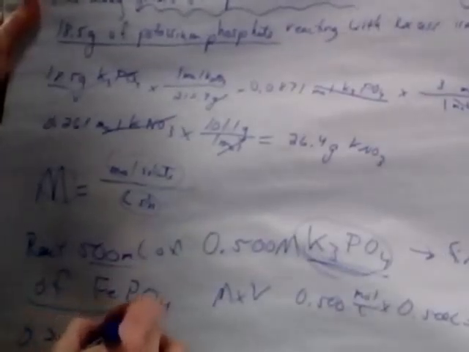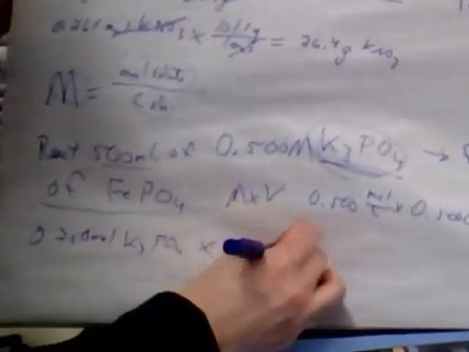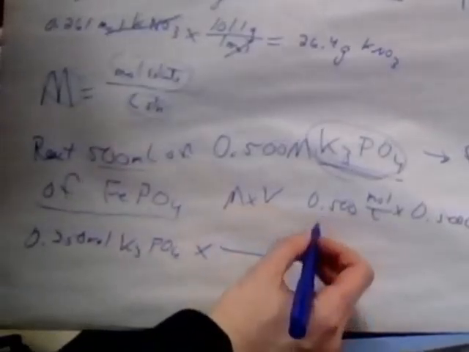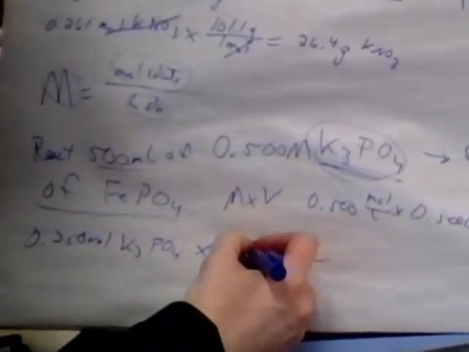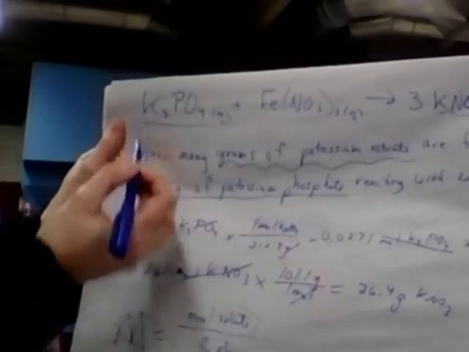So I again go through my 0.250 moles K3PO4. Scroll that down a little bit. And I want to put in the balanced equation. The reason I found moles is so I could use that relationship. So I'm interested in iron phosphate. Let's see, scroll up. The formula for iron phosphate has a coefficient of 1. So I have 1 mole of FePO4 formed for every 1 mole of K3PO4, which was our reactant given information, and its coefficient is 1.